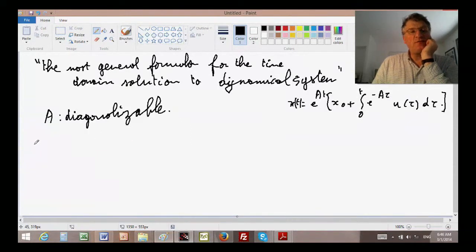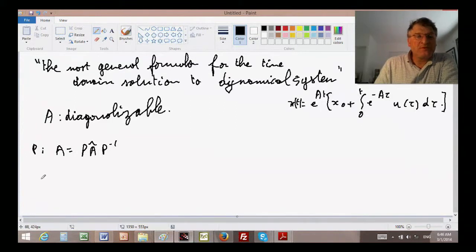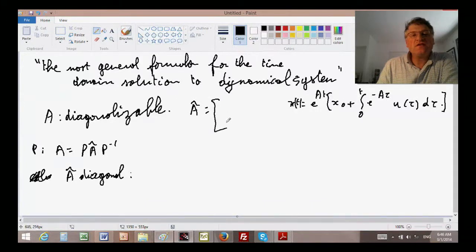What we write is that we have a P such that A equals P A tilde P inverse. The columns of P, and A tilde is diagonal. Okay, so we have A tilde, which is lambda 1 through lambda n.